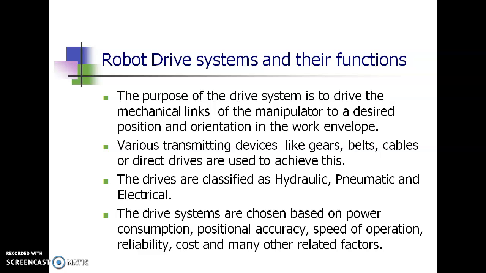Other transmitting devices like gears, belts and cables are also used to achieve this. Sometimes the drives are direct drives. If the drives are not direct drives, then some power transmitting devices are required to transmit the power to the joint.